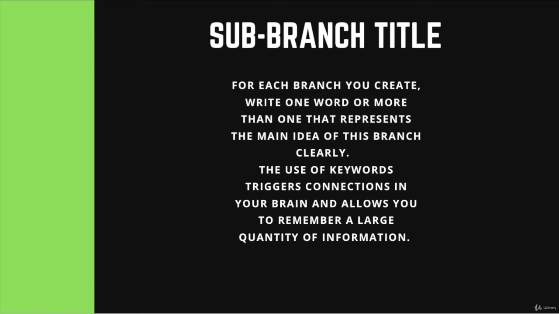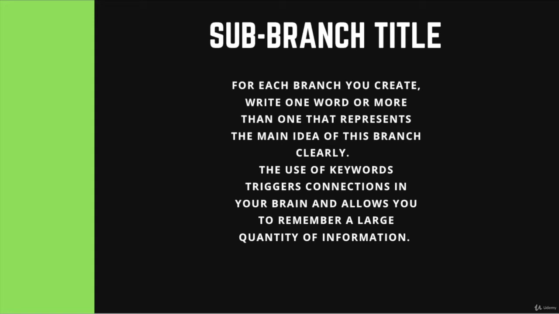But then all these different branches, they have keywords that are going to give you ideas for sub-branches. So the use of the keywords in the branches, that's what's going to make you explore and brainstorm the sub-branches better and more effectively. And once you do, you add all the different sub-branches to the initial branches that you have.